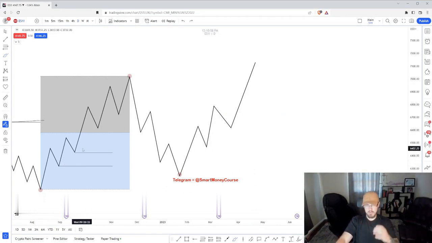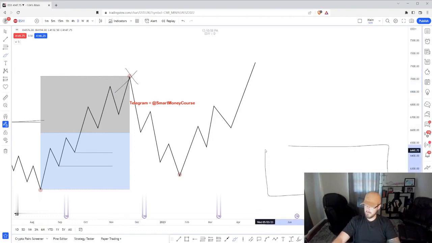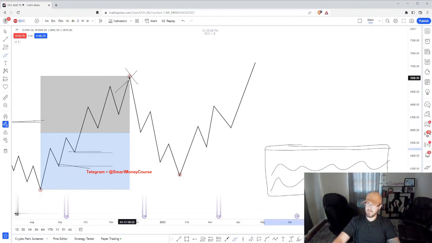So strictly using structure, we know that if we are a market maker, we're looking to take price up here. So I want you to think about it like you've got a gas tank, right? And every time you hit one of these levels, that gas tank gets a little more full. But you need that gas tank to be all the way to the rim in order to take price as far as you want to go. You want to take this and blast it up.